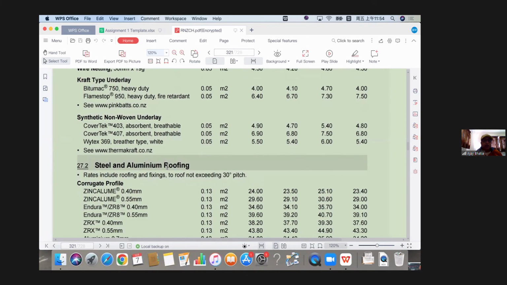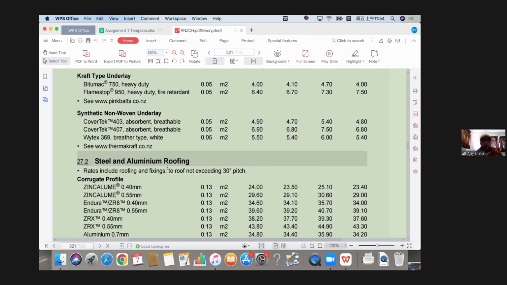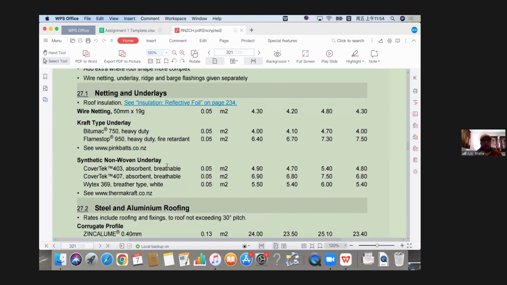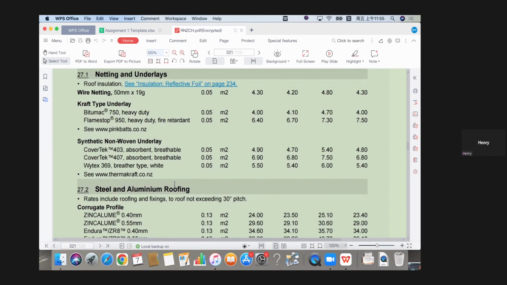Can you see synthetic non-woven underlay over here? You're going up and down. The one below. This one? Yeah, they are all breathable. So they are all breather types. You can pick up any rate which you want to go. Okay.